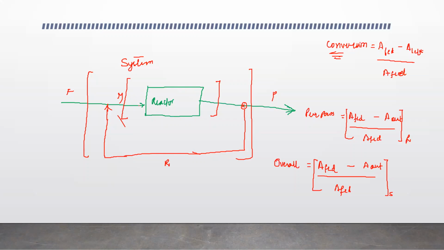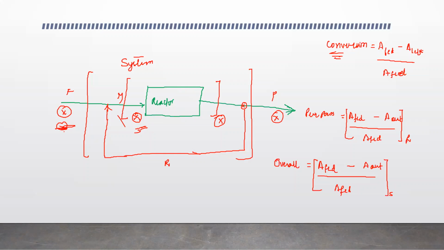In easiest terms, per pass conversion is A over here minus A over here upon A over here, and overall fractional conversion would be A over here minus A over here whole upon A over here. That is the easiest way it can be explained. So that's how you have overall and per pass conversion.